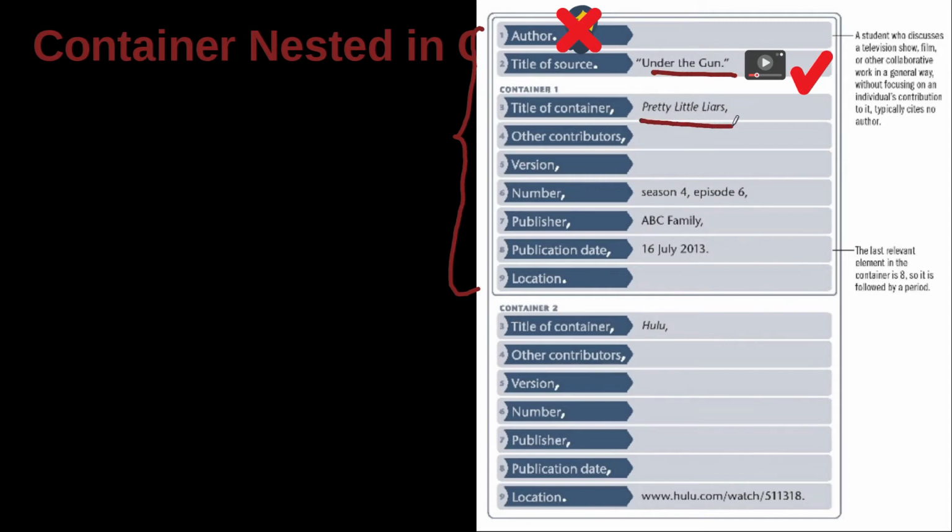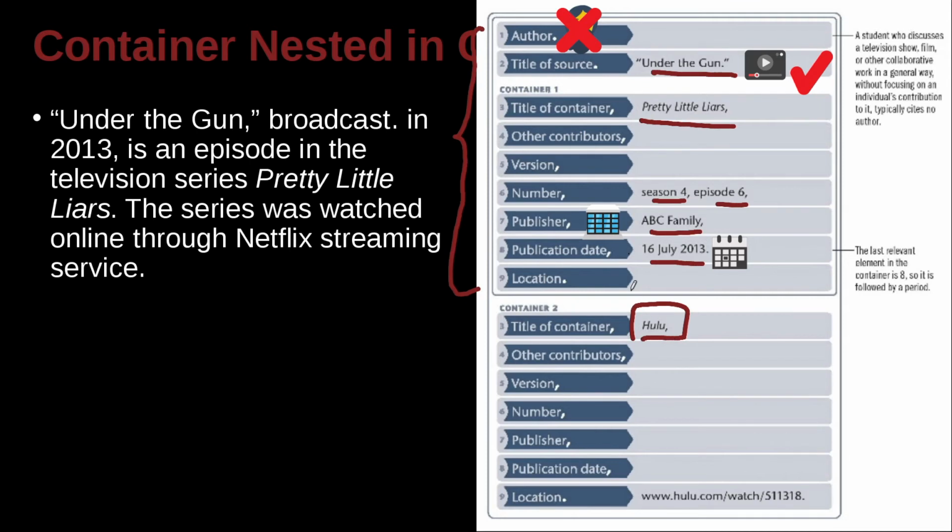It's inside a TV show called Pretty Little Liars. It appeared on Season 4, Episode 6, because they have seasons and episodes. The publisher is ABC Family, and this was the date that it aired. And here we have another special little thing, which is cool. Hulu. Hulu is an online service like Netflix. That's a good little example.